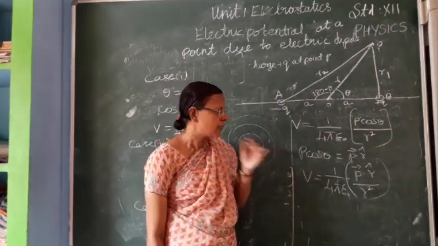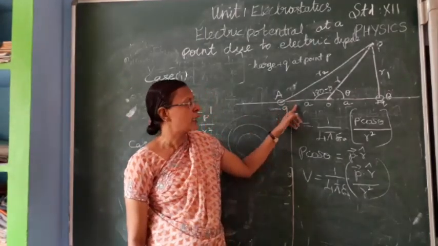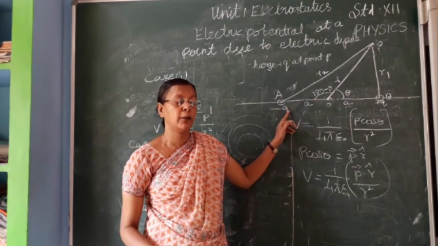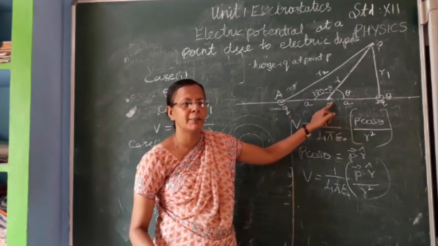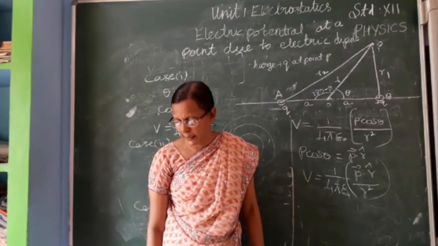We learned that the potential due to a point charge is spherically symmetric, but the potential due to the dipole is not spherically symmetric. These are the two important points.